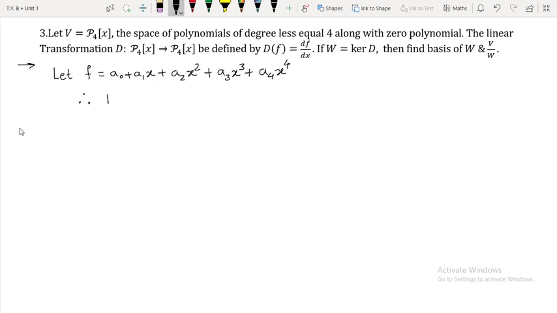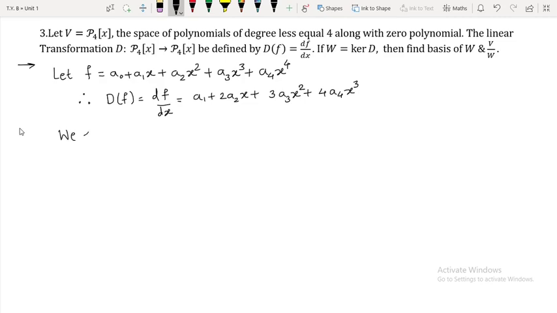Therefore D of f, which will be equal to df upon dx, is simply the derivative, so that is a1 plus twice a2x plus thrice a3x square plus 4a4x cube. Is that okay?